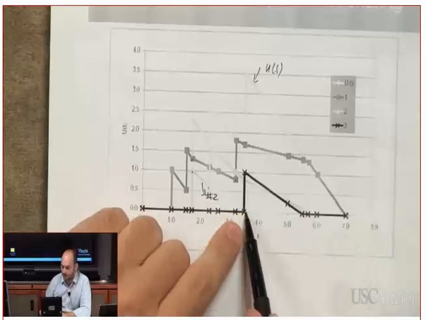So from time 1 to 1.7, how many flows do we have? We have one flow. Till 1.7, when the second flow arrives.